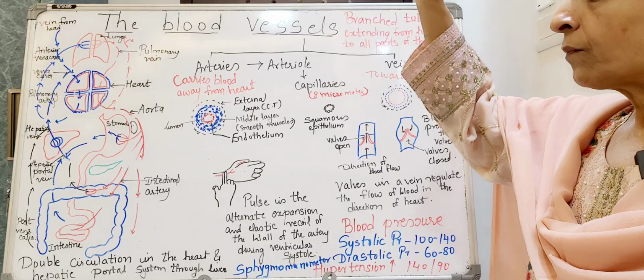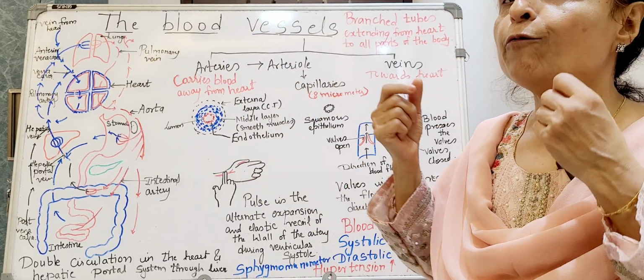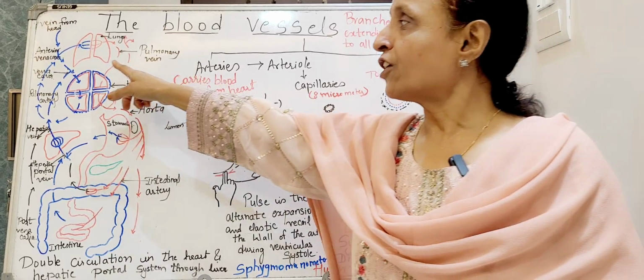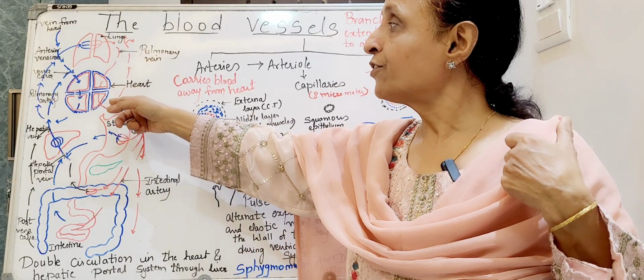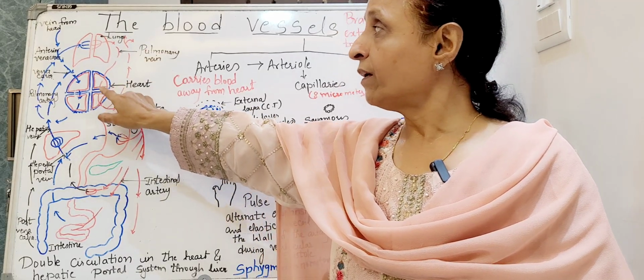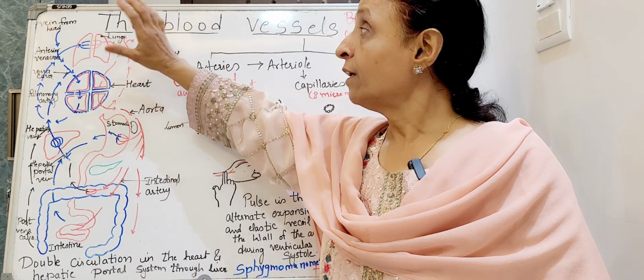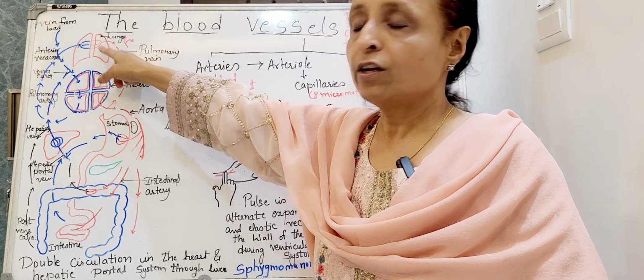Now this is just a diagram of how the blood flows in our body. Here this is the structure of the heart: right atrium, left atrium, right ventricle, left ventricle. This is a diagrammatic representation of the heart. Then these are the lungs.